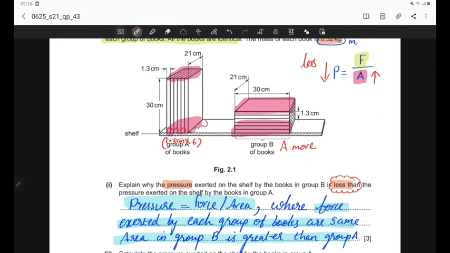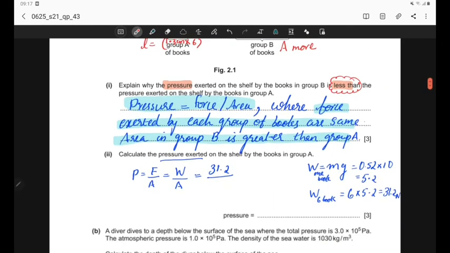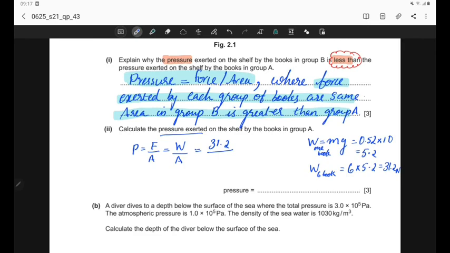So the total thickness of 6 such books you have to multiply 1.3 times 6. So that we can consider as the length, and breadth is already given, that is 21 centimeter. So the area will be length times breadth. So we can substitute here. Area is length times breadth.